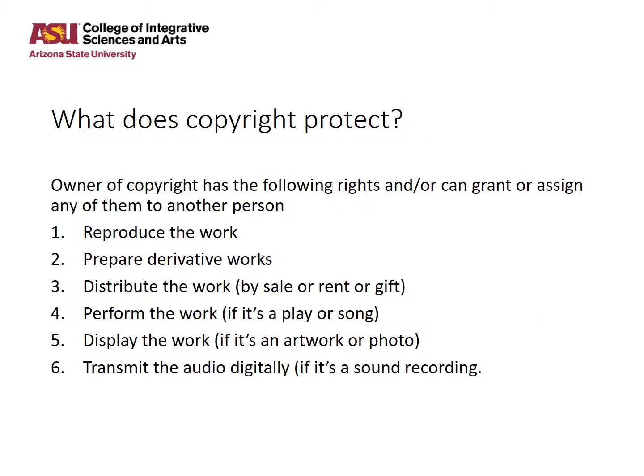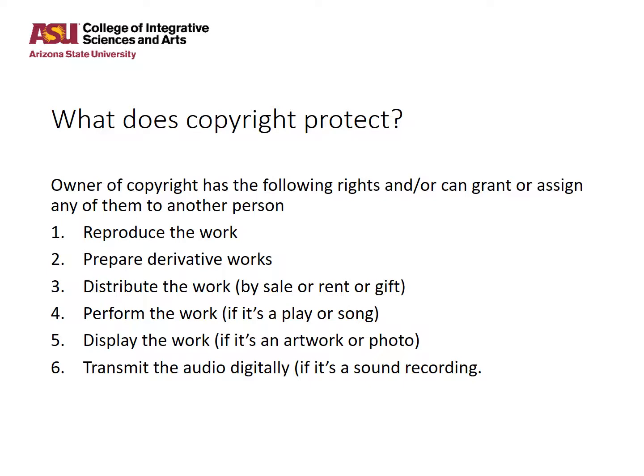So the owner of a copyright on something has these 6 rights accorded to them, but they also have a really important right, which is to sell these rights, assign these rights, license these rights, give these rights, all or part, whatever, to other people or companies.